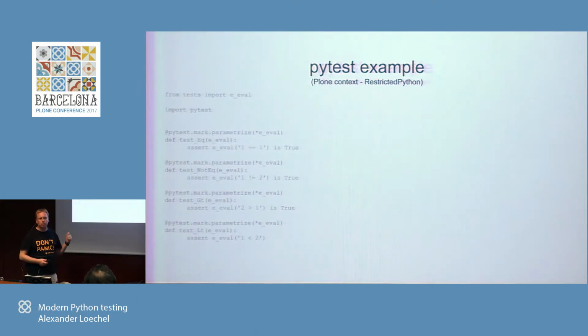So for our example, we have tested directly against two implementations of RestrictedPython, the old one and the new one. So we pass the compile function or the execute eval function in that context as a parameter into the tests and test against two different implementations.